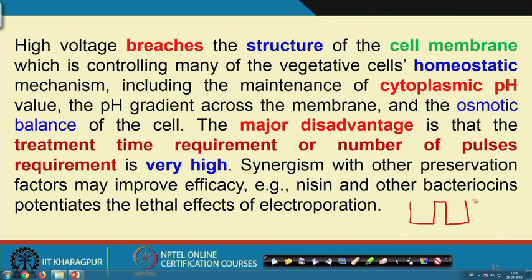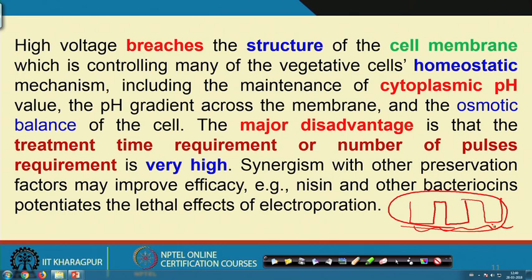If the cycles of pulses are very high, then that becomes one disadvantage, as well as the time, because the more pulses required, the more time required. So, that is the basic disadvantage.